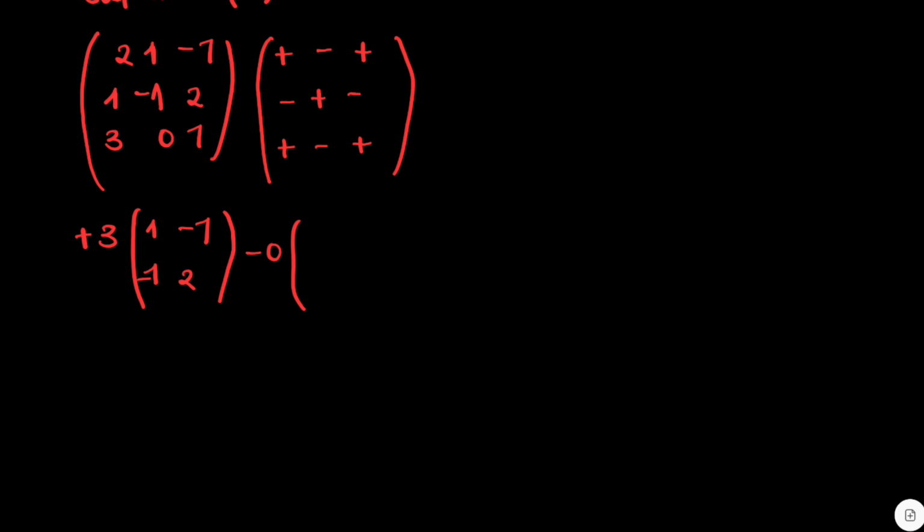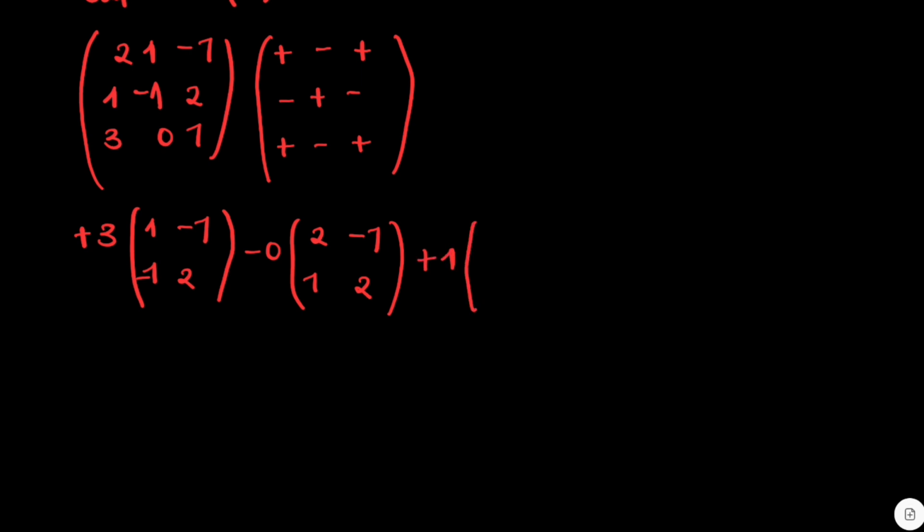We delete its row and column, and we are left with 2, minus 1, 1, 2. Let's take the next, plus 1. We delete its row and column, so we are left with 2, 1, 1, minus 1.